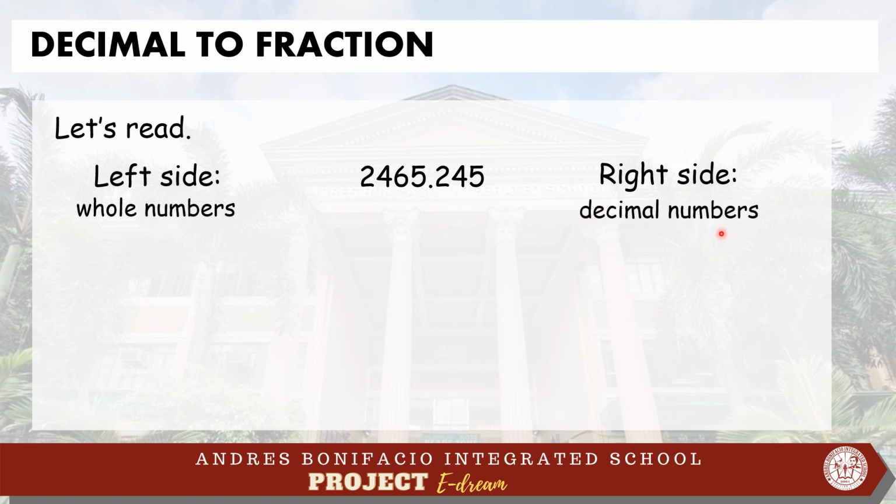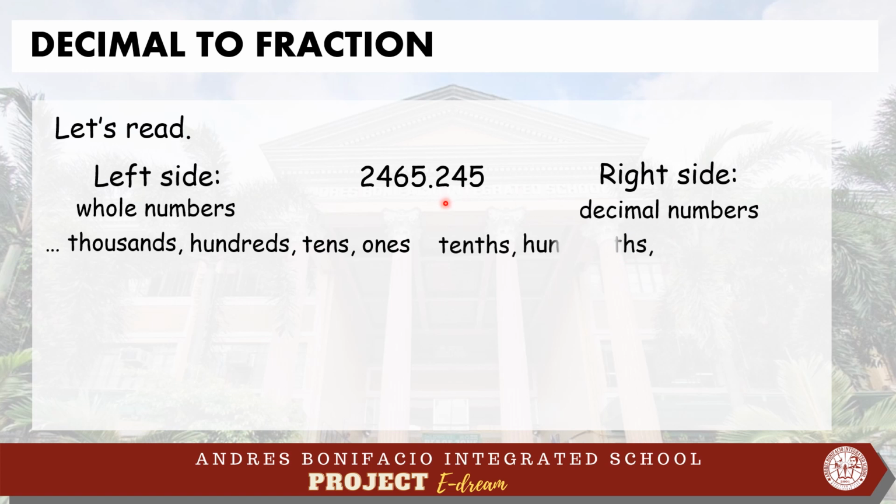Okay, so let's proceed to their place value. So, in the whole number, yung mga place value po natin, meron tayong ones, tens, hundreds, thousands. Okay, so kung mapapansin, may tatlong dot po tayo dyan. So, ibig sabihin, meron pa po yung karugtong dyan. Okay, in our decimal numbers, meron tayong tenths, hundredths, thousandths.